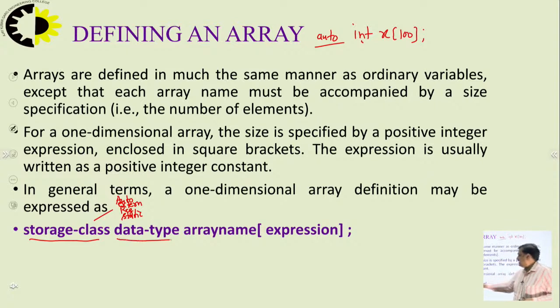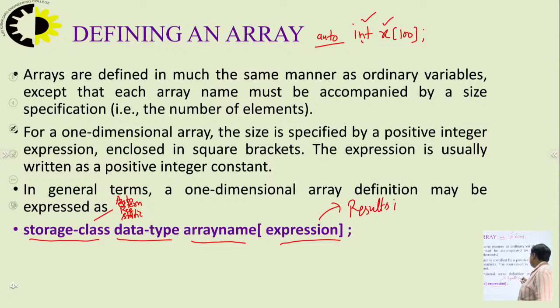Then the data type. So, here we can declare the data type like this, then the name of the array, and an expression which results in an integer value. We can give it directly also. So, this is how we can declare an array. Whenever we declare it, what will happen?